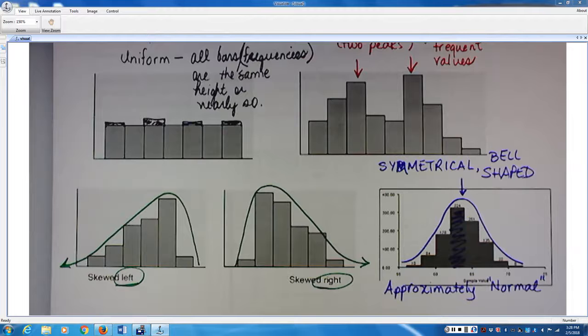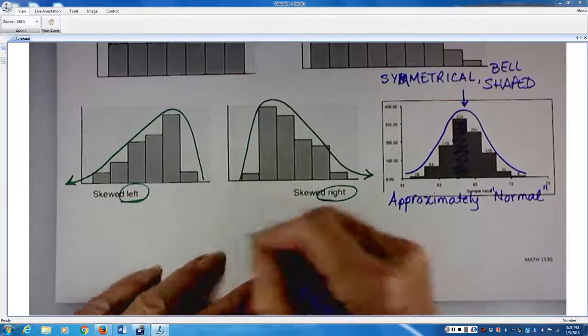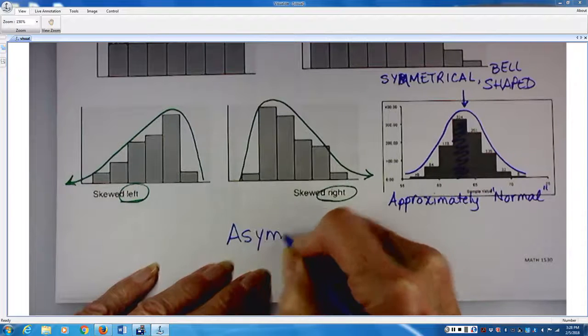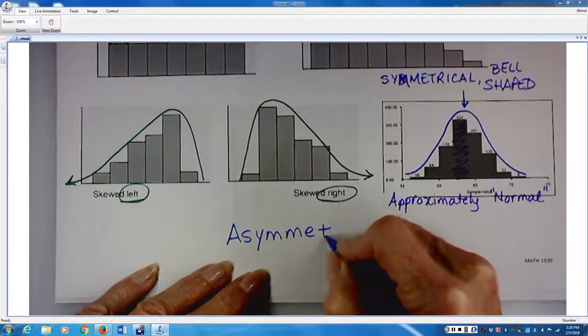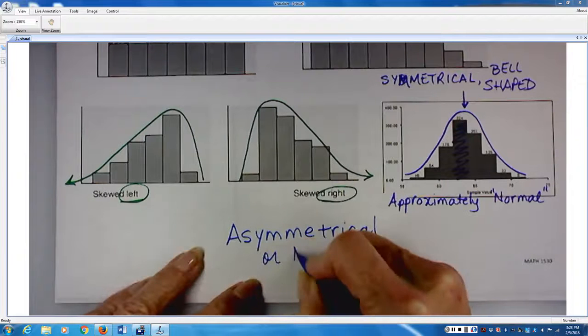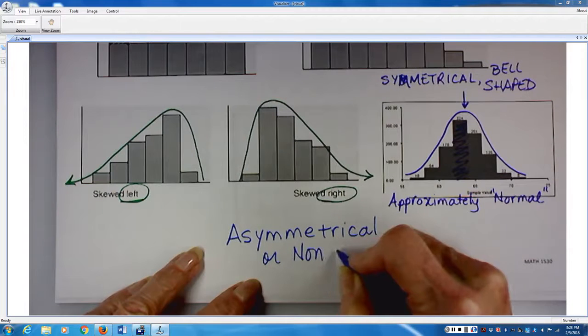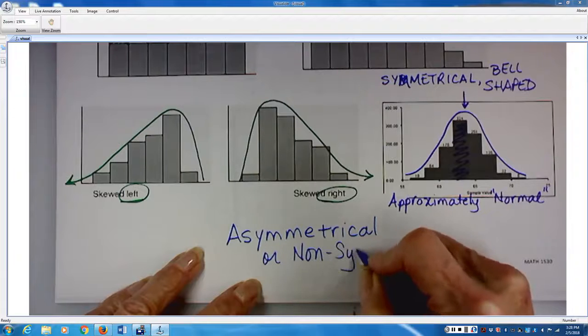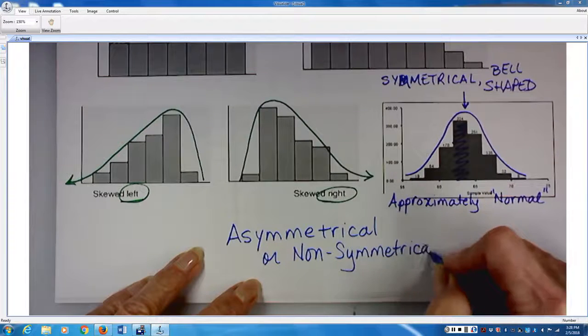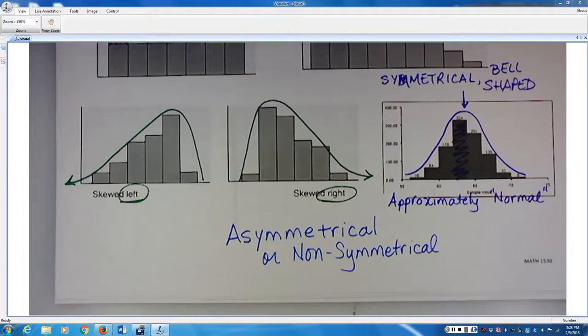And our catch-all category is asymmetrical or non-symmetrical.